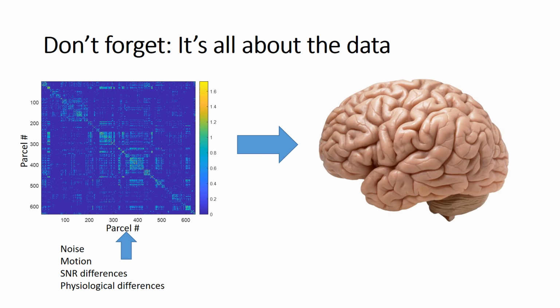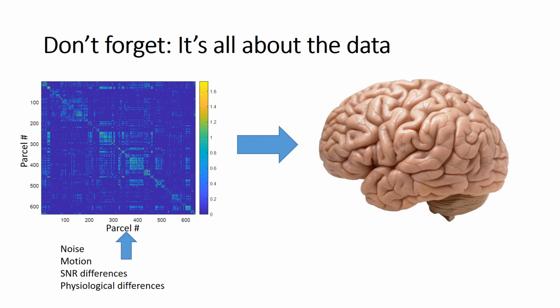The last thing that I wanted to say is don't forget, we've started with this functional connectivity matrix, but when we're drawing conclusions, it's all about the data. If you have noise that makes functional connectivity unnaturally high, or if you have some sort of loss of SNR, maybe due to a loss of vascular elasticity or something that changes the SNR and changes the overall correlation in your graphs, those things are going to show up when you do network analysis.